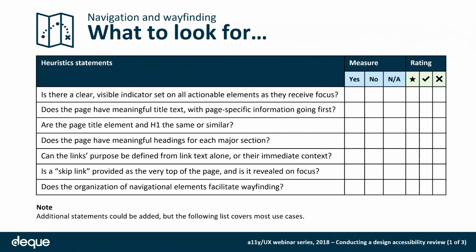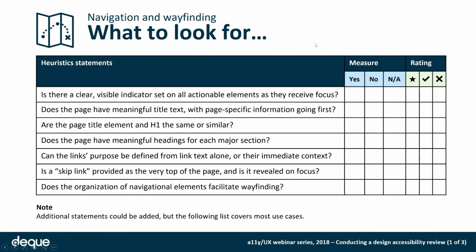Without a visible focus indicator, it would be nearly impossible for users to understand where the focus is present. In a couple of minutes, we shall see the difference between having a focus indicator and not having one.